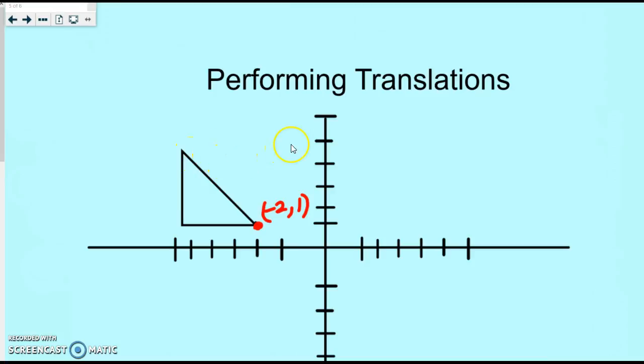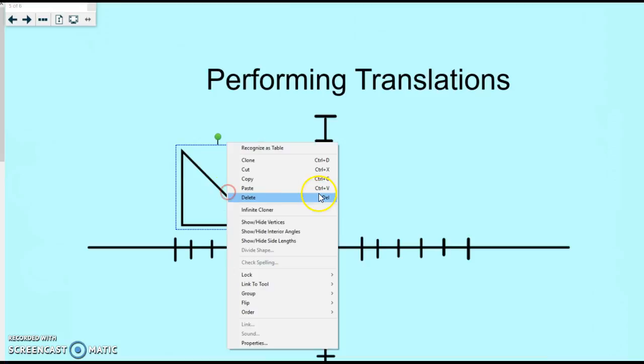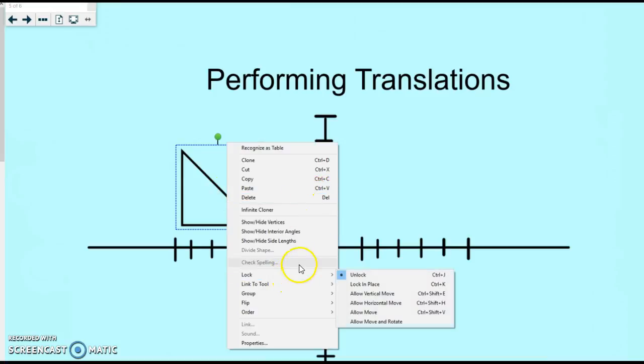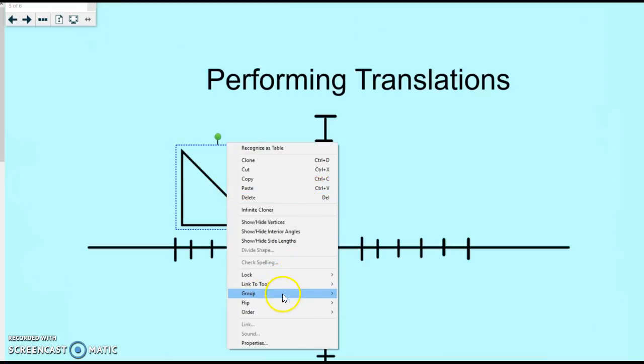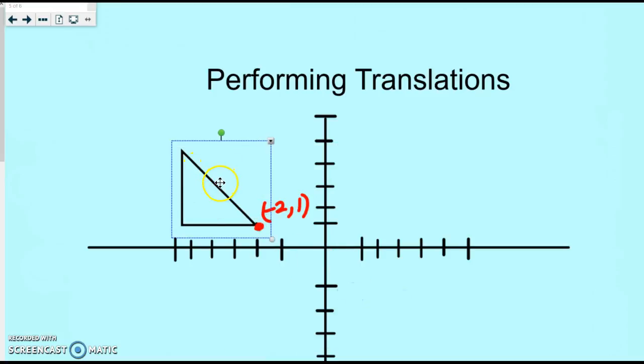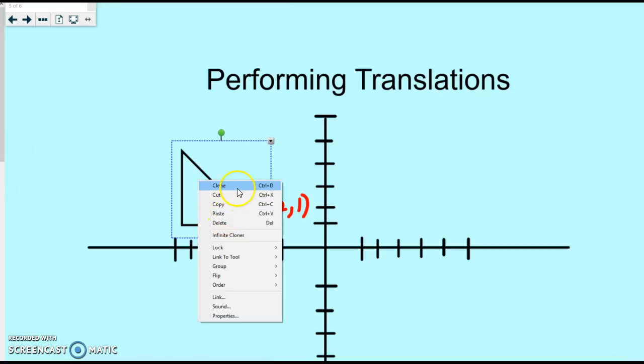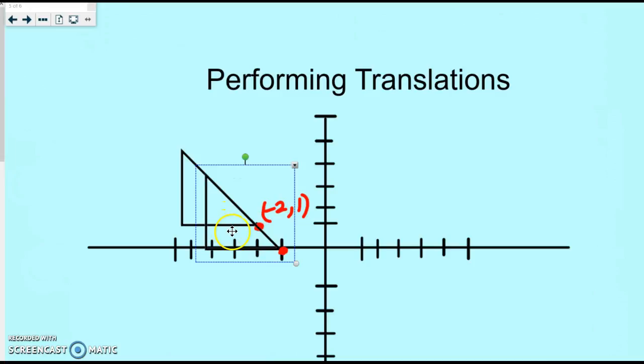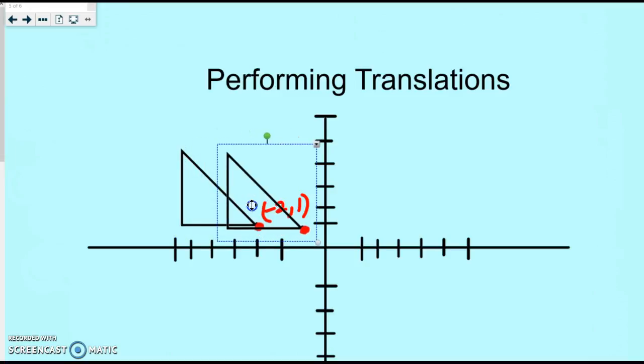So lastly, we have translations. The easiest way to show this is pick a point somewhere on the figure. I'm just going to group this one together. And I've chosen the point at -2, 1, which is one of the corners of the triangle. And we're going to move this figure, let's say, 2 units to the right, 1, 2.